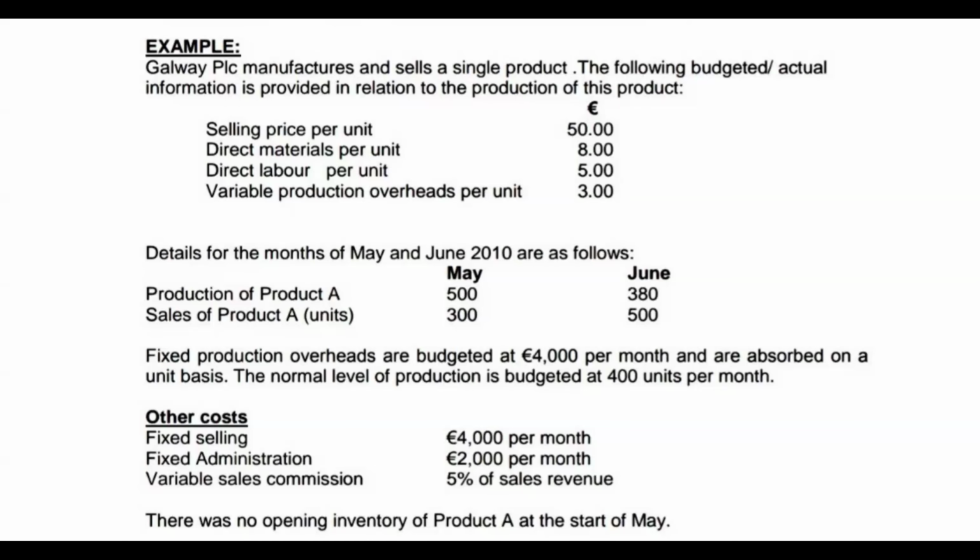Now, listen, the absorption rate for the overheads is given as follows. Overhead absorption rate is the total fixed production overheads divided by the basis that you are looking at.